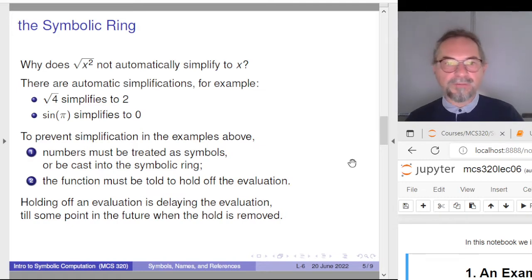So holding off the symbolic evaluation seems here a little bit artificial, but if you've done any programming, then what a program does is actually it stores the symbolic instructions that are then evaluated at some later part with specific values for the inputs. So what we can see here is that this holding off of the evaluation is a little bit similar to when we think of evaluation of computer programs.